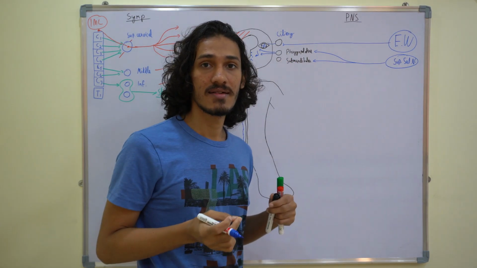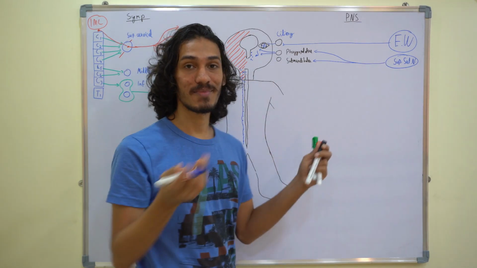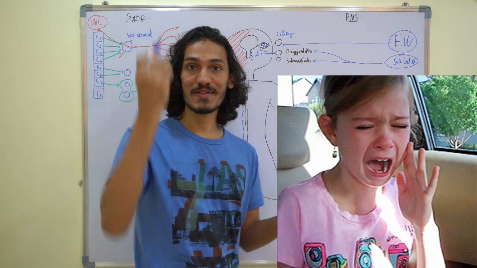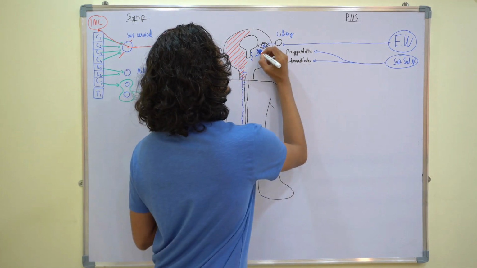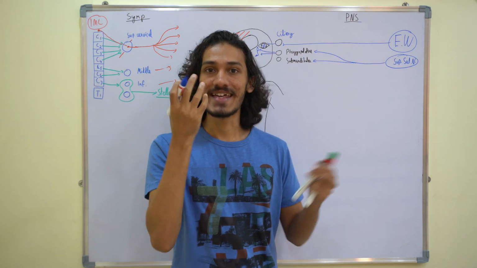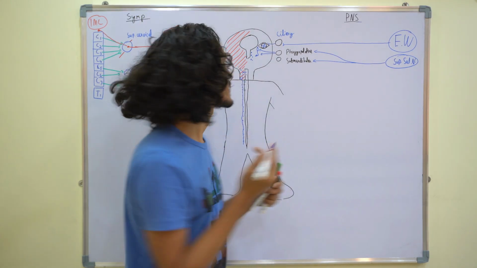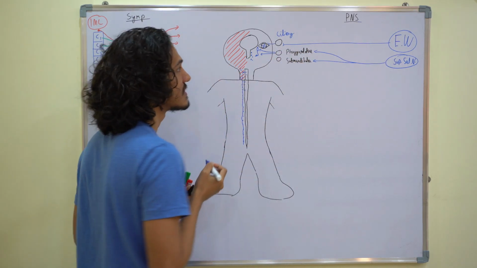Your lacrimal sac. Just imagine that part of the superior salivatory nucleus is also making you cry. That is why when we cry, we end up lacrimating as well as sometimes having nasal discharge. So that is your pterygopalatine ganglia.